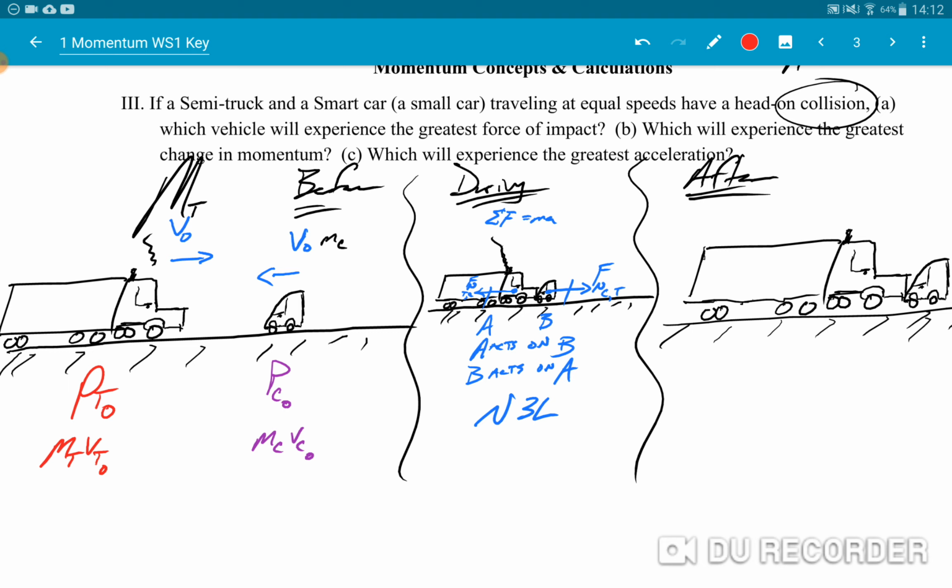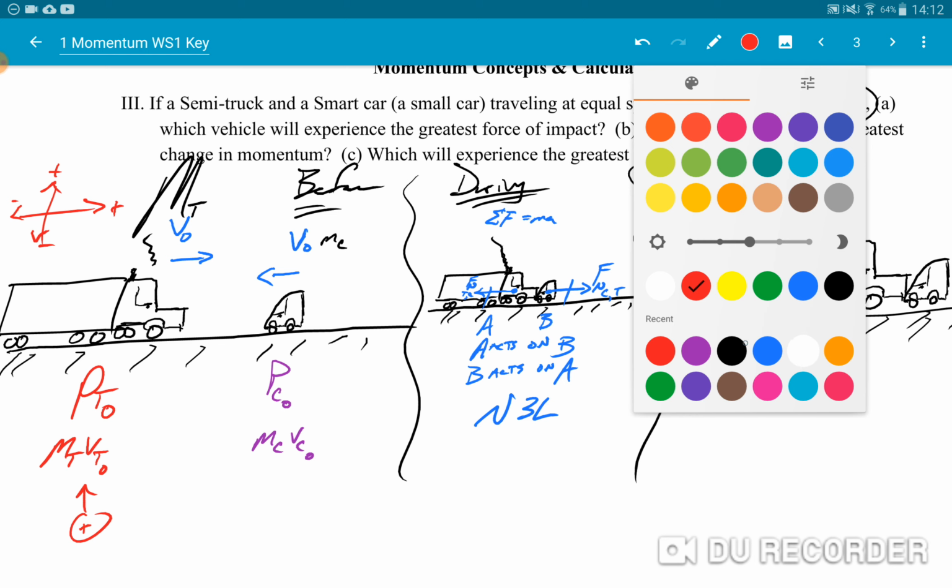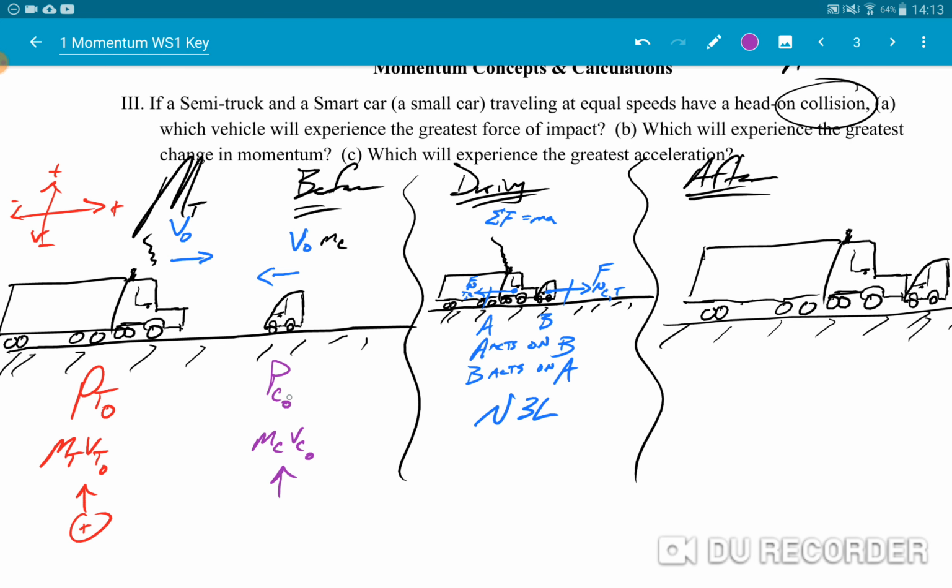Well, let's think about this. I've got one going to the right and one going to the left. We'll just assume that we have the normal Cartesian coordinate plane because there's no good reason to change that. So we'll say to the right is positive, to the left is negative. That means this truck here is going to have some positive velocity, so it's going to have some positive momentum. And this smart car over here is going to be going to the left.